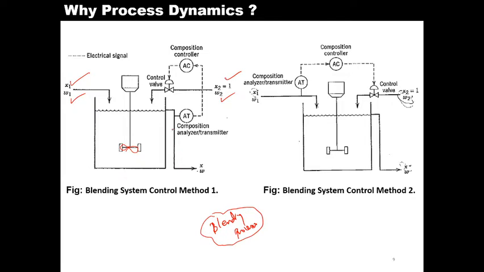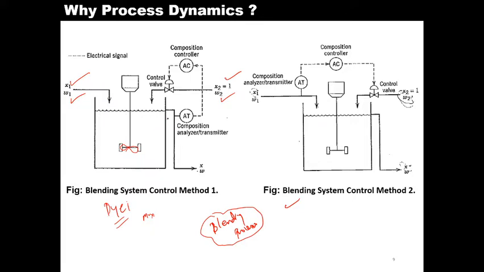So you can say it is just like an example of dyeing, right? Dyeing of any clothes. Or you can say the mixing of milk in water, right? So you can see there are two types of configuration or control system arrangements shown here. First, how are these going to be controlled?